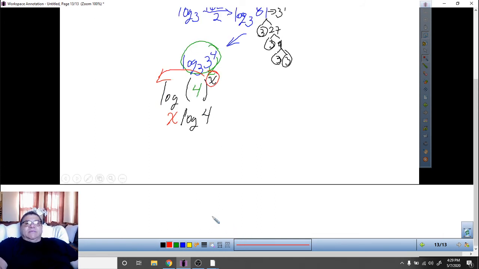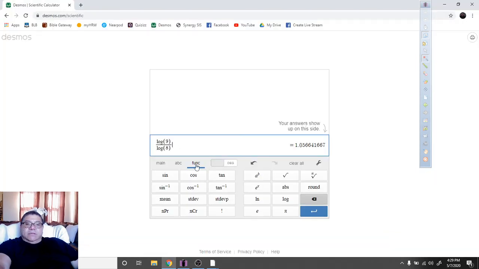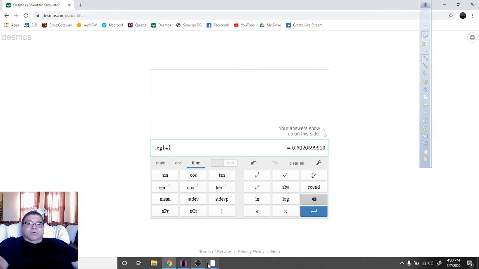Alright, so when we get to this part, if you don't want to do all the work, can we find log 4 using the calculator? Yeah, let's find out. What is log 4? Log 4 is 0.602.